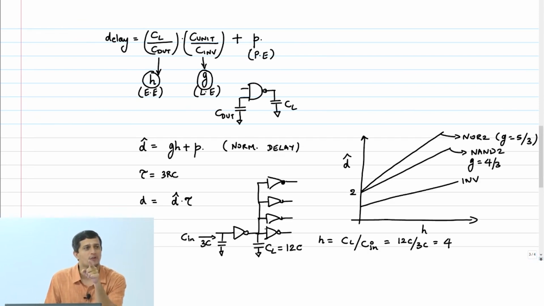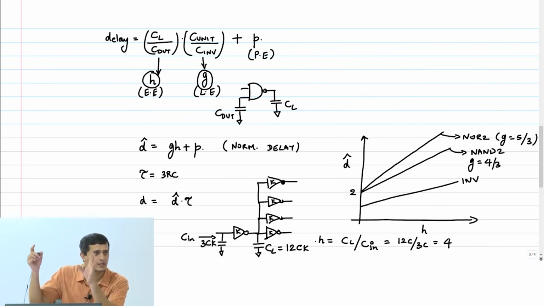Okay. Now you think about this. Suppose this inverter were not the unit inverter and instead I upsized everything by a factor of k. Everything. The whole thing went up by a factor of k. Then what would happen? All capacitances would go up by a factor of k, correct? That's the only thing that is going to affect the delay, H, because of the gate sizing.